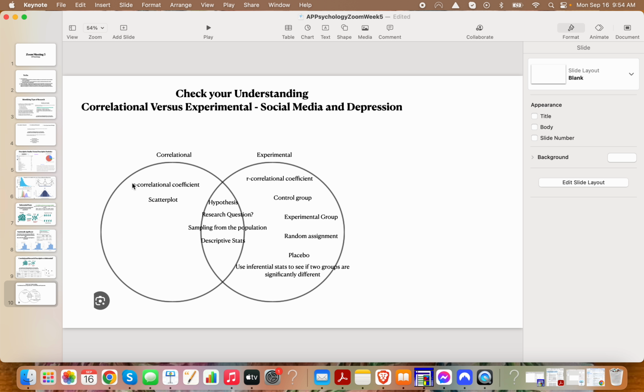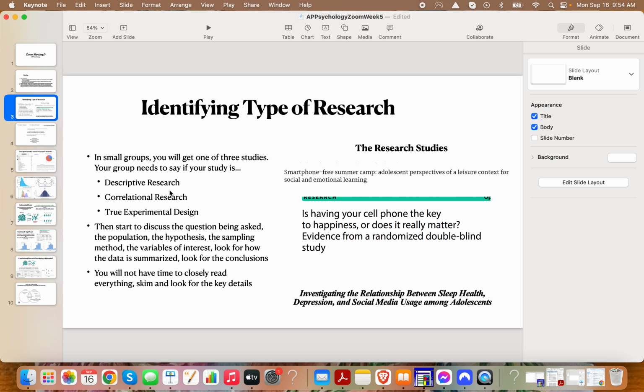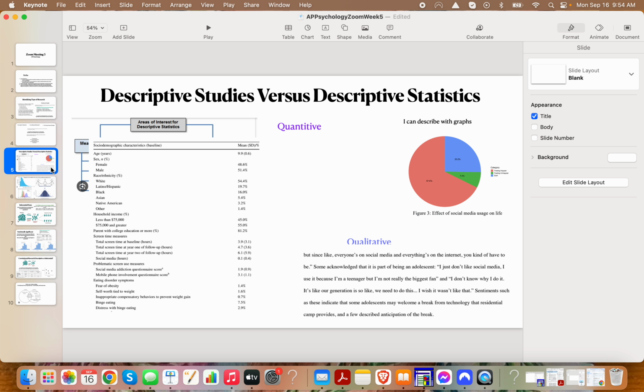I hope that helps you clear up a little bit, making sure you can identify descriptive research, correlational research, and a true experiment, helping you understand that descriptive studies only use descriptive statistics, but descriptive statistics can also be used in correlational research and experiments.